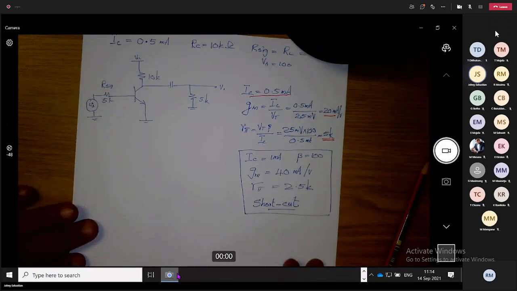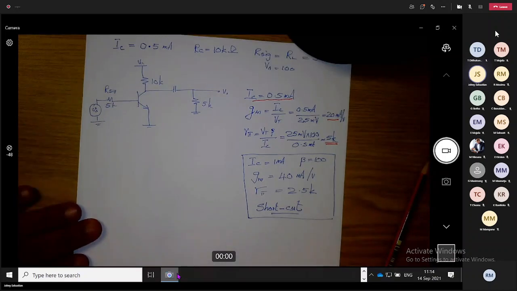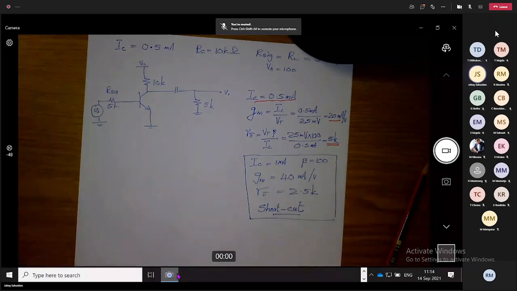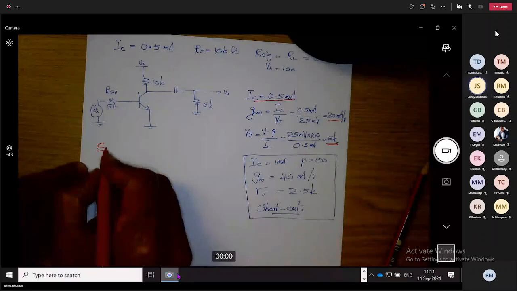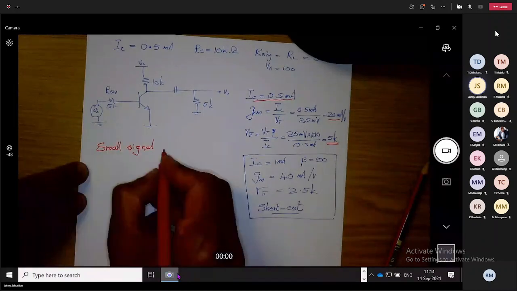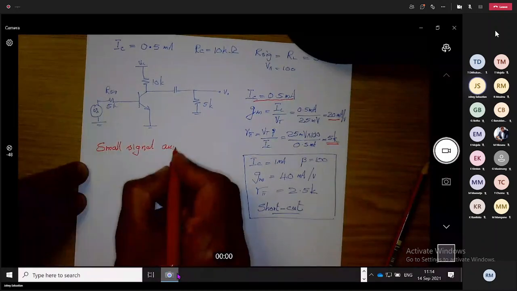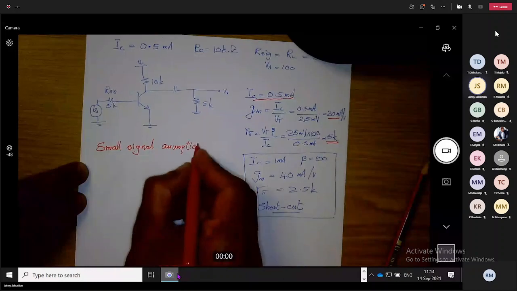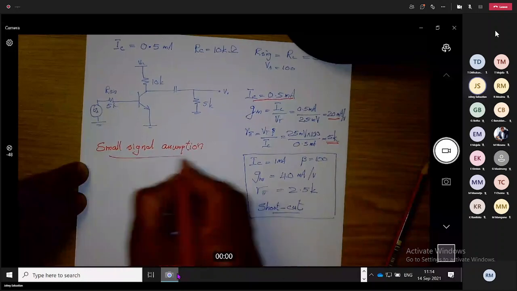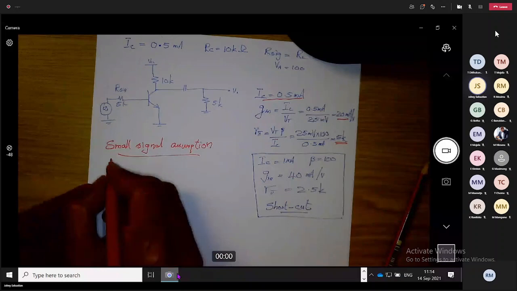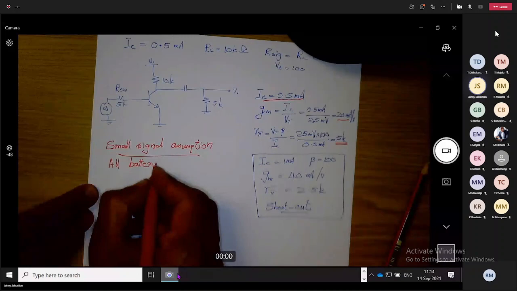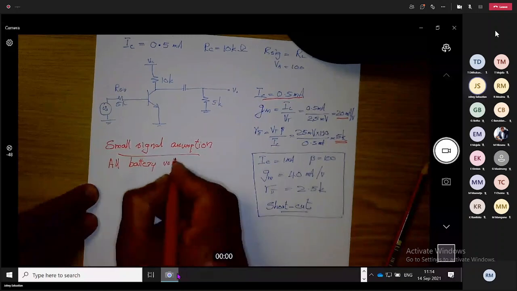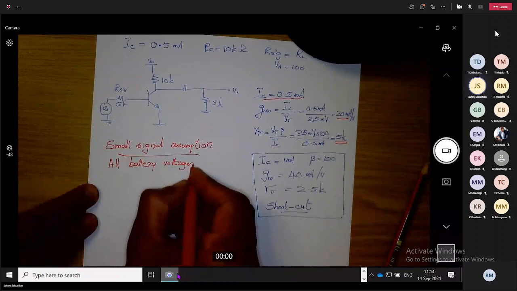Now, we are going to do the small signal assumptions. Small signal assumptions: number one, all battery voltages are grounded.